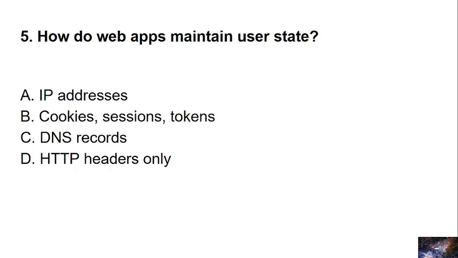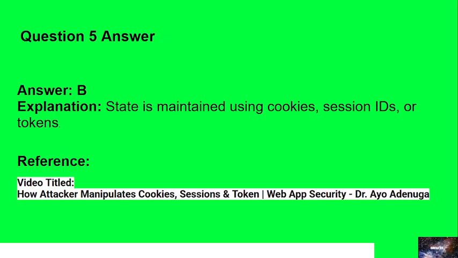How do web apps maintain user state? Is it by IP addresses, cookies, sessions, tokens, DNS records, or HTTP headers only? The answer is B. State is maintained using cookies, session IDs, or tokens.